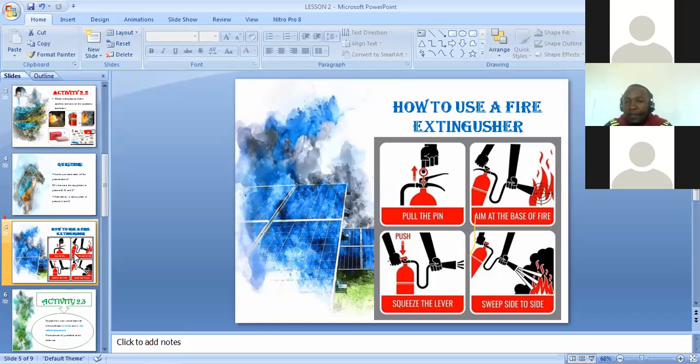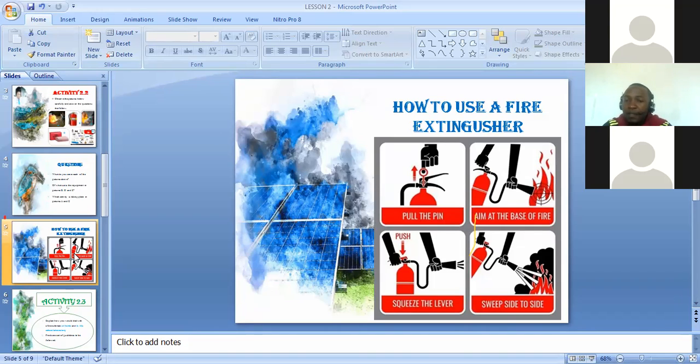Then direct your lever to the base of the flame. That is step number 2. Aim at the base of the fire, the base of the flame. Thereafter, go ahead and push or squeeze the lever to release the carbon dioxide.